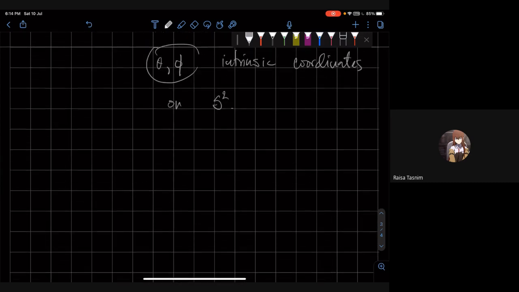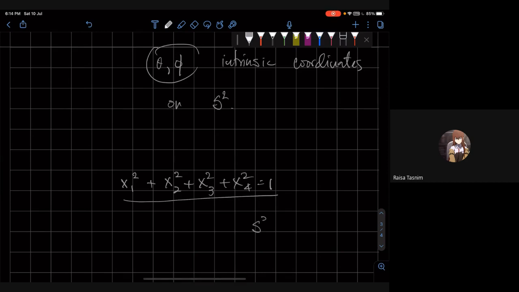So similarly, if I am in 4 dimensions and I have 4 coordinates in 4-dimensional Euclidean space, x1 squared, x2 squared, x3 squared, x4 squared equals 1, then this should also define a higher dimensional sphere, which is a 3-dimensional sphere.